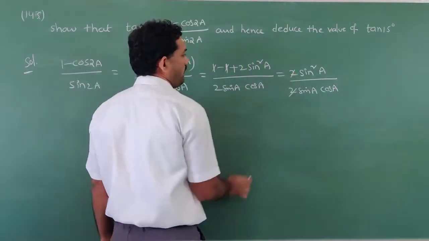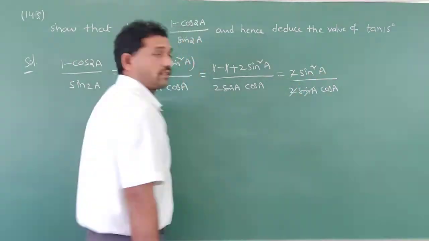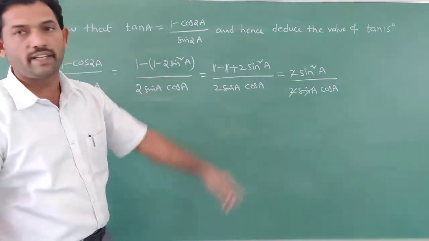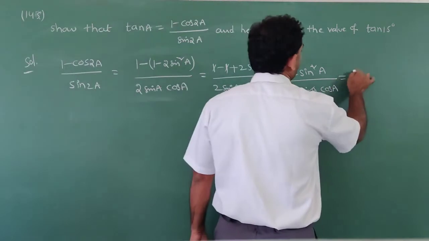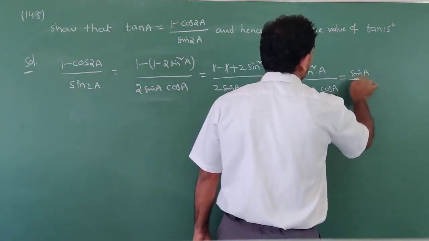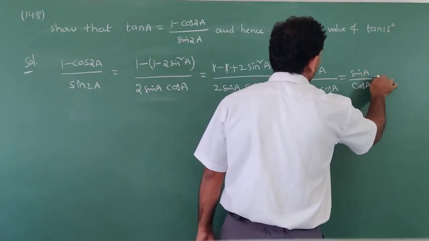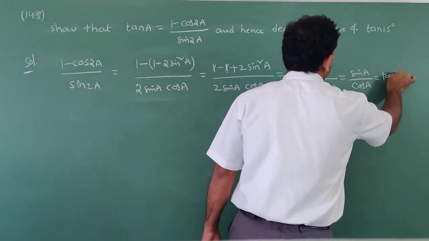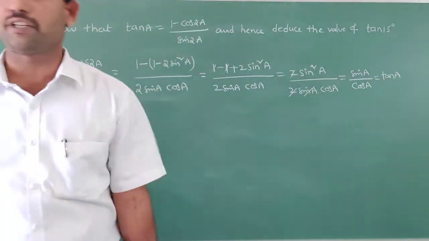So 2 gets cancelled. Sin A square also cancels. Remaining sin A by cos A, which is nothing but tan A. That is our solution.